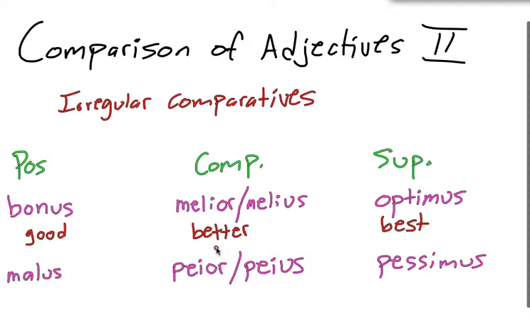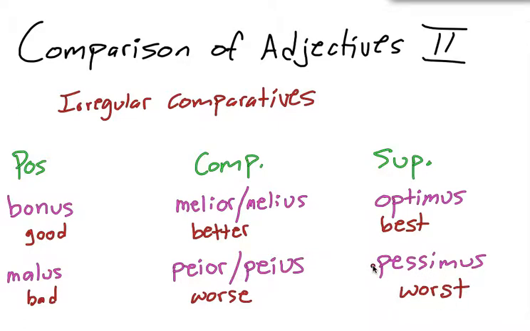If something is pejorative, it's bad or it's overly negative. So we translate this as bad, malus. Peior is worse, and pessimus is worst, or very bad. And so a pessimist is someone who always sees the worst in all possible things. Okay, those are the first two.